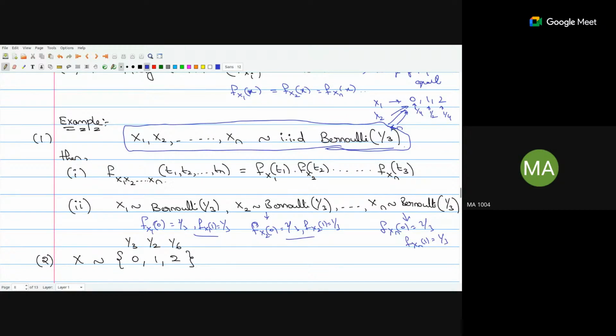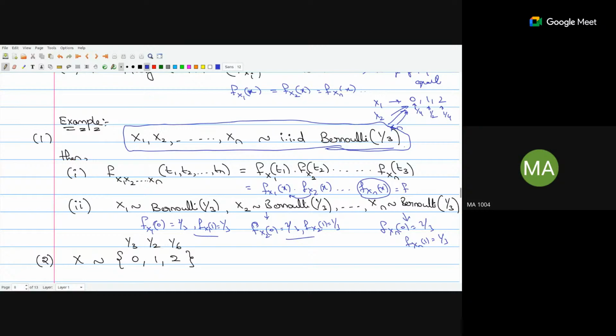Once they have the same distribution, I can write the joint as, you see this fx1 of t1 is basically equal to fx2 of t2. So this is fx1 of x times fx2 of x and so on to fxn of x. Instead of writing fx2 of x, I can write fx1 of x only. Fxn of x can also be written as fx1 of x.